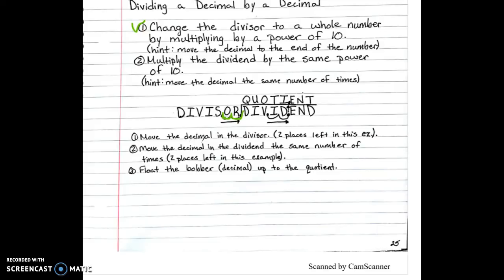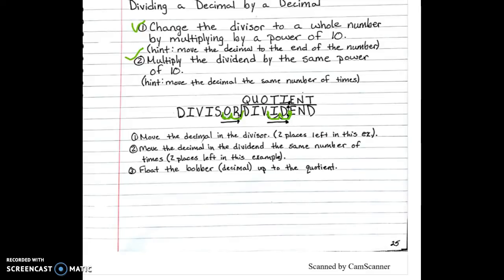Then we do number 2, multiply the dividend by the same power of 10, or move it the same number of times. So in this case, our decimal was between the V and the I. So we need to move it 2 decimal places. Now we are not moving the decimal to the end of the dividend. We are moving it the same number of times that we moved our divisor.